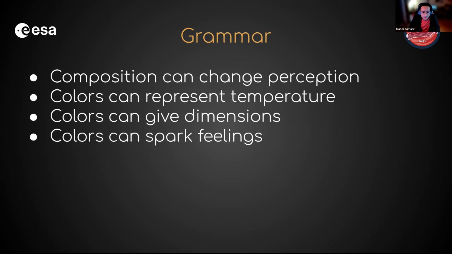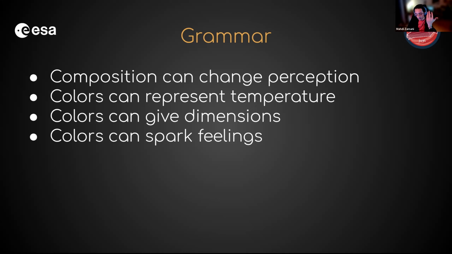So this is actually one point that needs to be better communicated in the description of images or while explaining astronomical images to other people. And this is something that is actually also helpful in color assignment, some of the images. Other thing is that colors can work as visual cues.